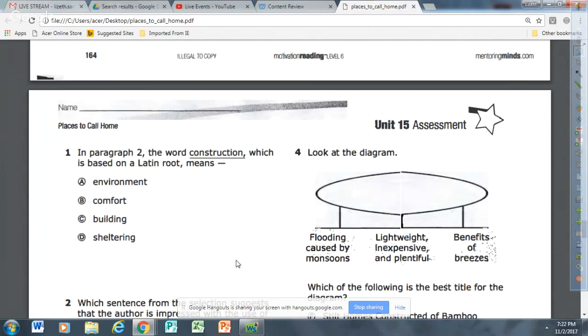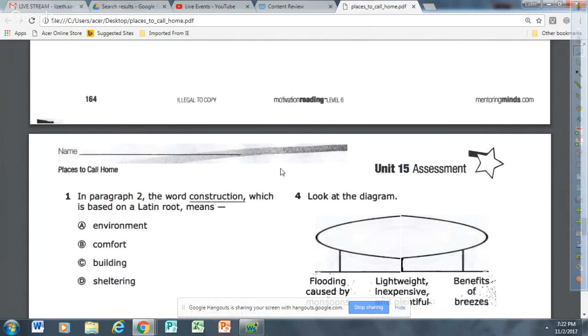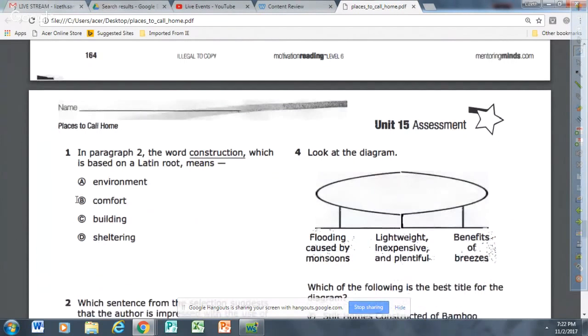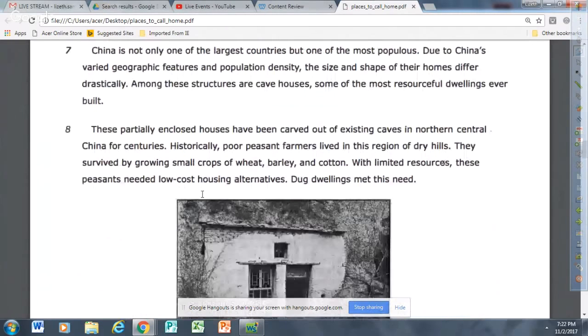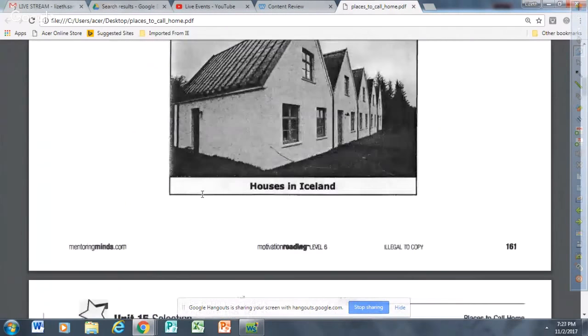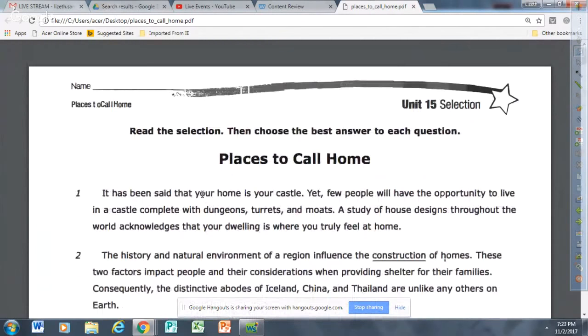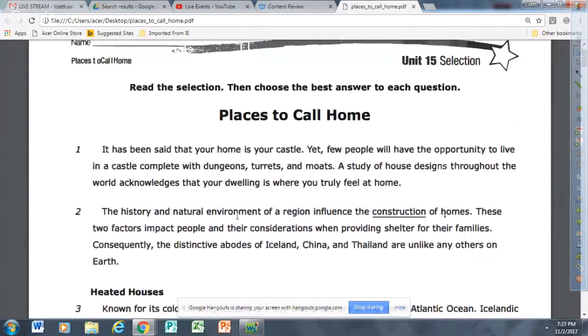Okay, so quite a few of you have narrowed it down to 2. So it doesn't matter where they live and the environment, because if you look over here, you have to look at the whole sentence. The history and the environment influences the blank of homes.